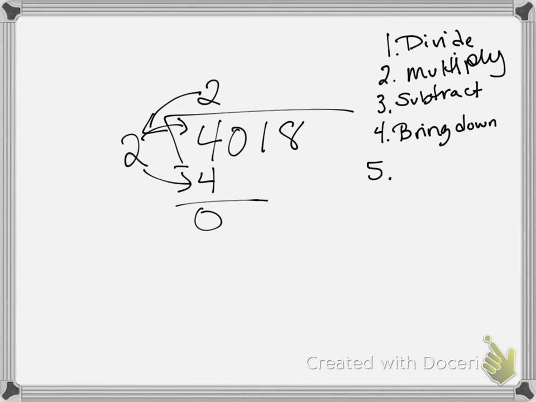And then 5 is repeat. Now you only do 5 if there's something to bring down. If there's nothing to bring down, you're done. All right, so are there any groups of 2 in 0? There are not. You should never get any groups of anything in 0. Any groups of 2 in 1?